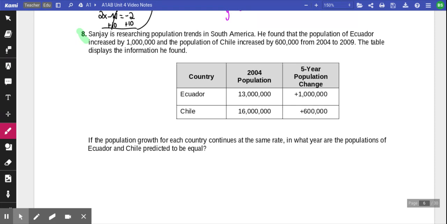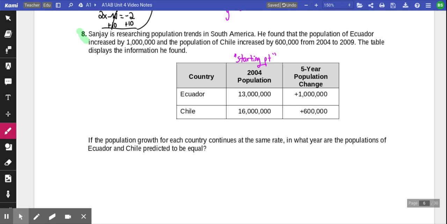So a couple things are happening here. You're given the 2004 population. We would call this like our starting point. Right? This is our first piece of information that we're given. Then you'll see we have a 5-year population change. Okay? So our 5-year population change here is a little bit different.